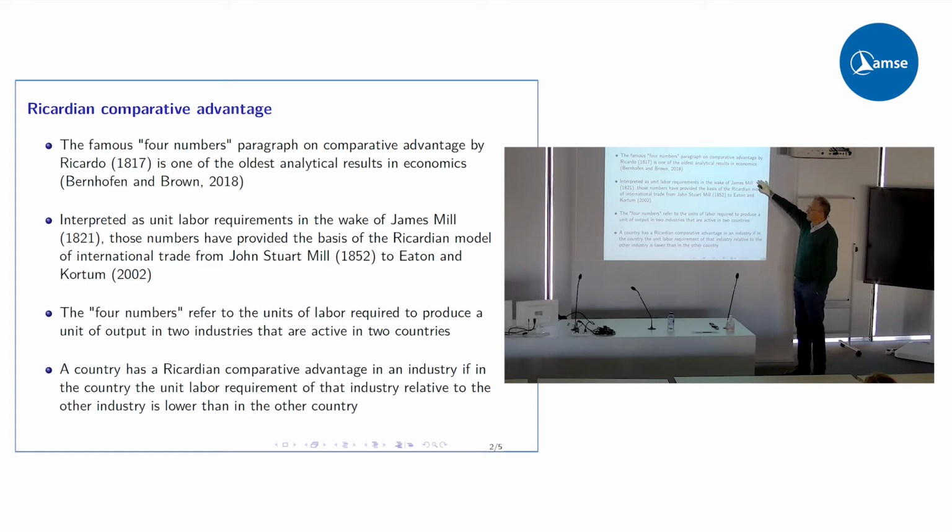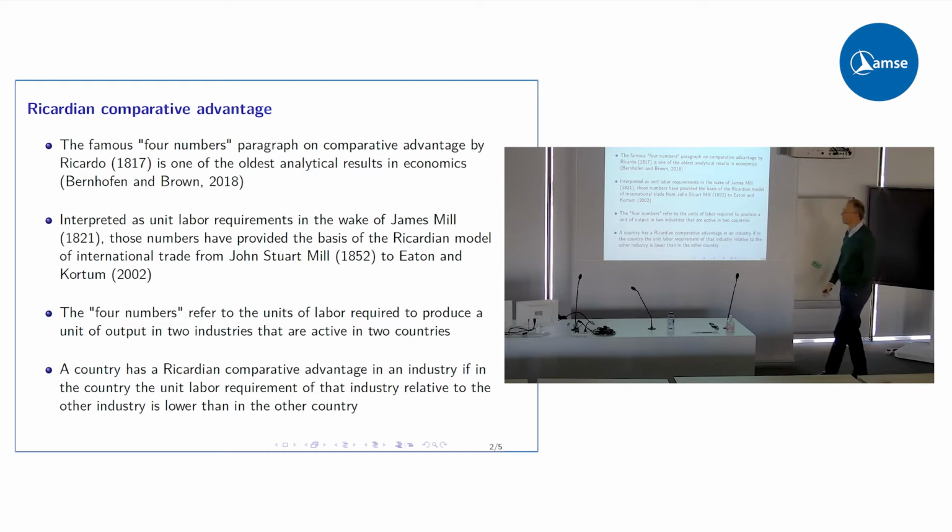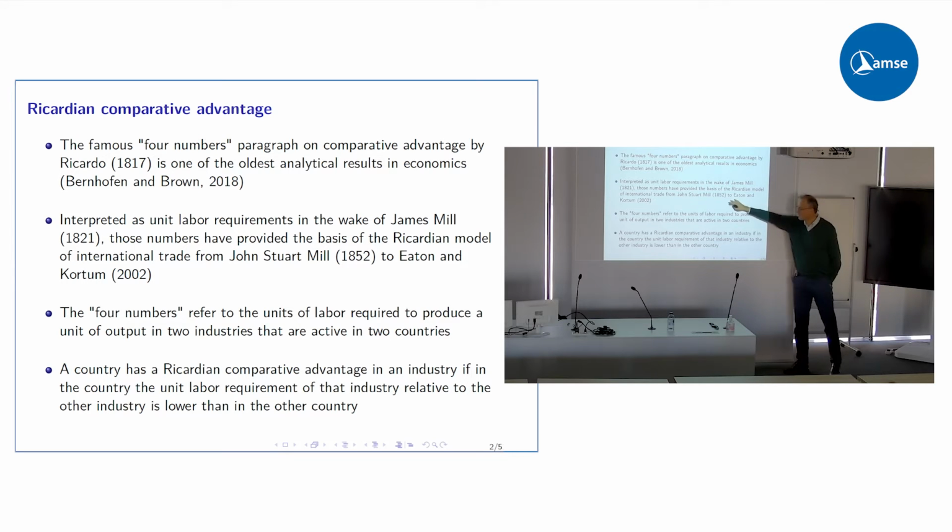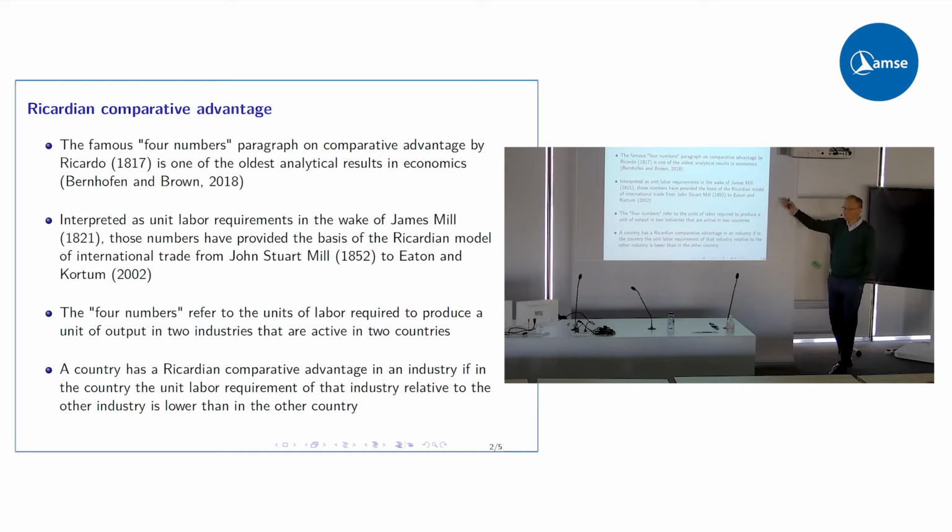These are four important, magic numbers because they are interpreted as unit labor requirements. These numbers have provided the basis of the Ricardian model of international trade from the beginning up to recent years. And this recent paper, well, recent, 20 years ago, by Eaton and Kortum, has affected the entire literature in quantitative trade models afterwards.